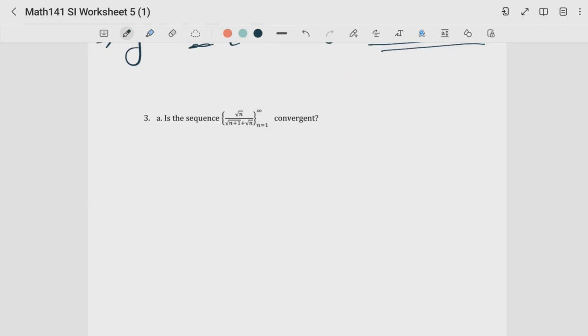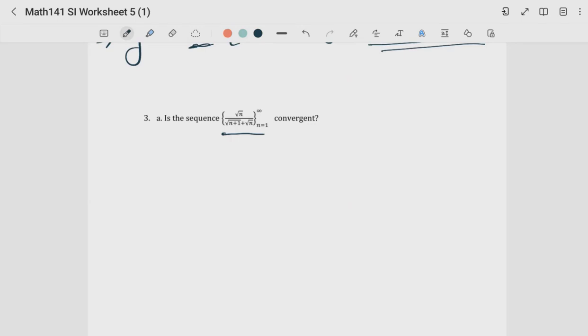And it's all about knowing which one applies for a specific problem, right? So the question here is giving us a sequence, which is root n over root of n plus 1 plus root of n, going from n equal to 1 to infinity. That is our sequence.